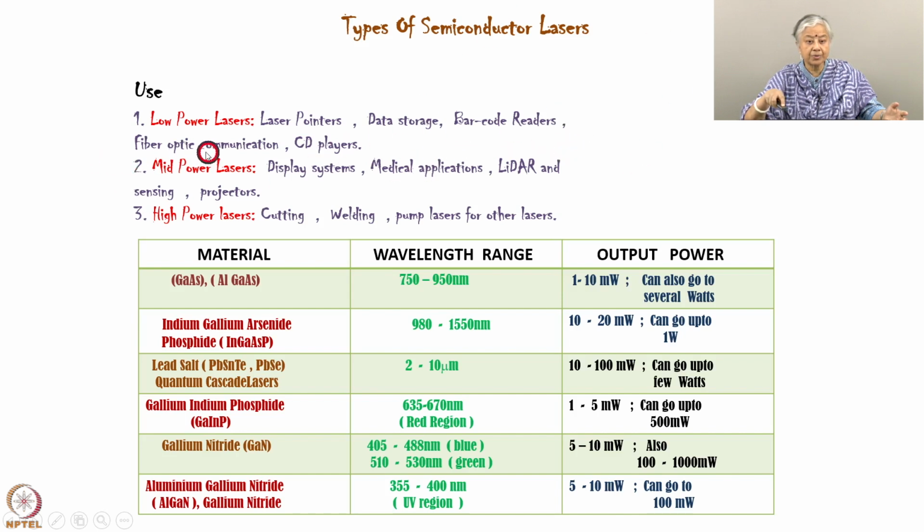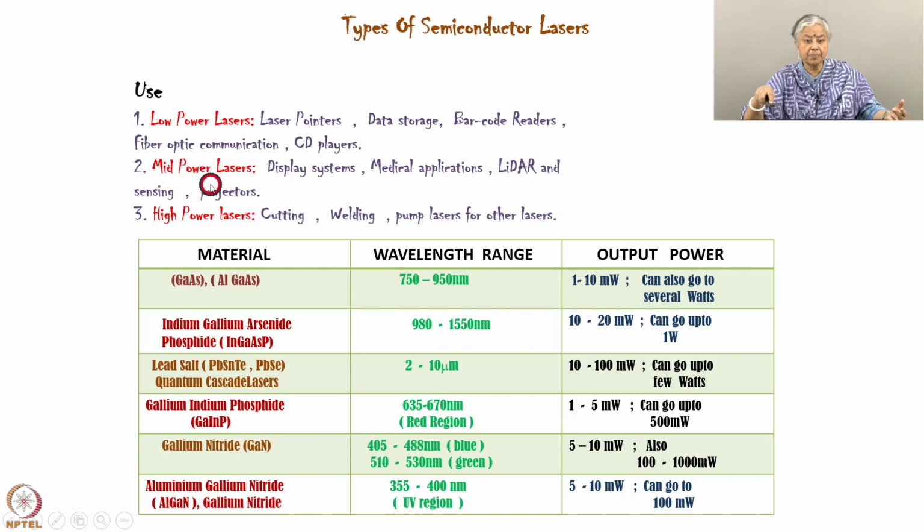Then you have the fiber optic communication system in which these low power lasers are used, where only the signal is important, you know. So, that's why it is there. And then in CD players, I do not know if you've noticed, it's like the reader, you know, it reads the CD, the laser.